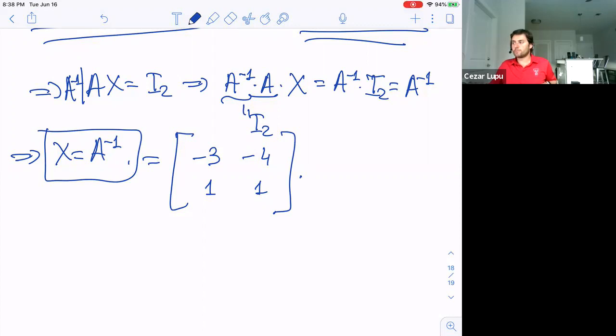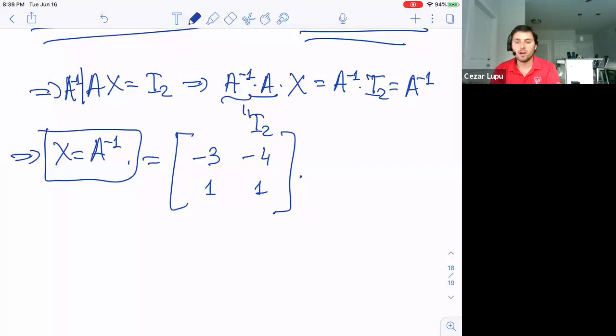So imagine for 3 by 3, probably we'll have 3 systems of linear equations with 3 equations each. So that's not going to be very pleasant, right? So this is the hard way of doing things.